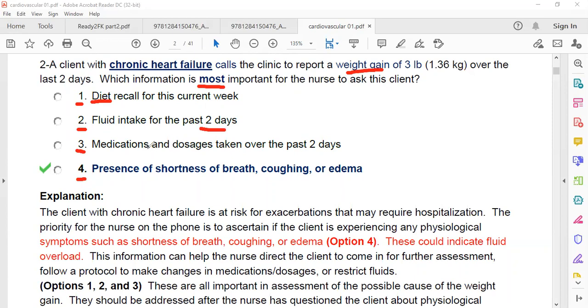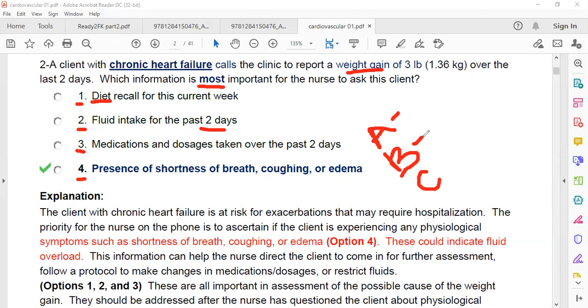Medication dose, you can ask this question also, but it is not the most priority, because the most priority answer is there already. So always keep in mind the A, B, C, D law. What I always encourage my students is to follow the A, B, C, D law. First is airway.